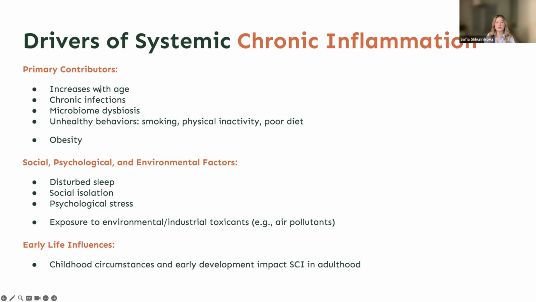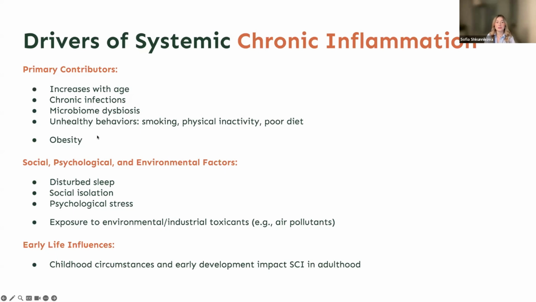Chronic infections also drive systemic chronic inflammations. Microbiome dysbiosis will drive chronic inflammation. And I think the most important or interesting bit are actually unhealthy behaviors that drive this type of inflammation. So we're looking at smoking, physical inactivity, poor diet, as well as high adiposity and obesity. Social, psychological, and environmental factors also contribute to this.